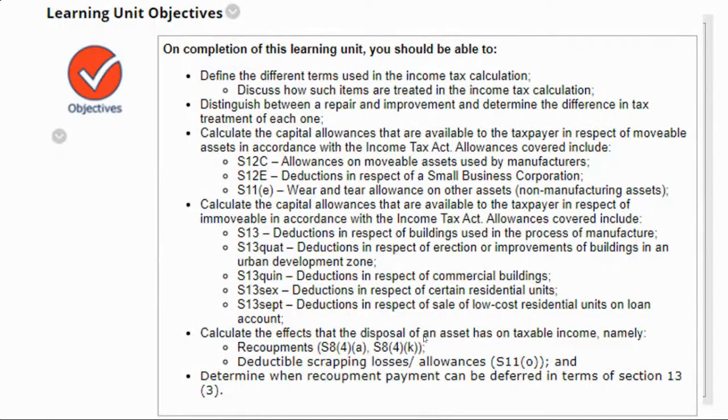Then section 12E is specifically relating to your small business corporation. So in your question, they need to state that you are a small business corporation before this will be applicable.